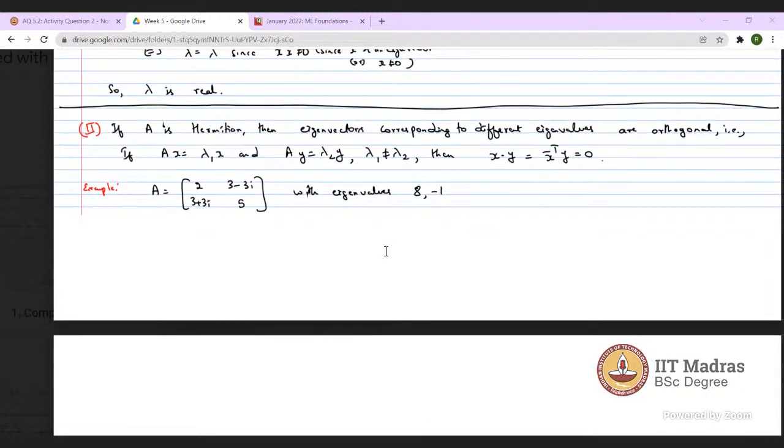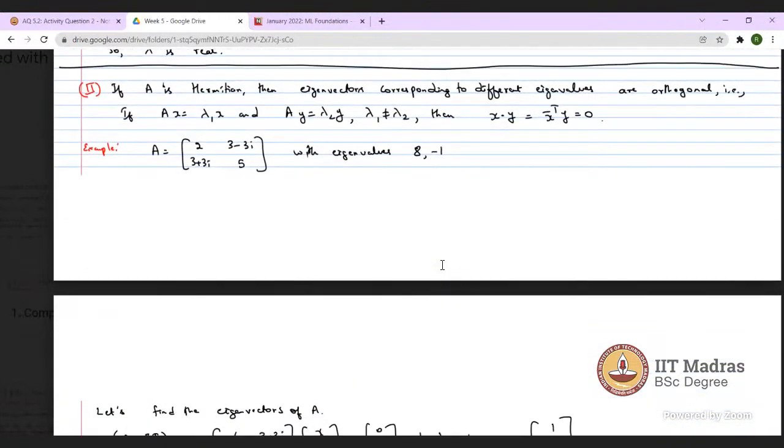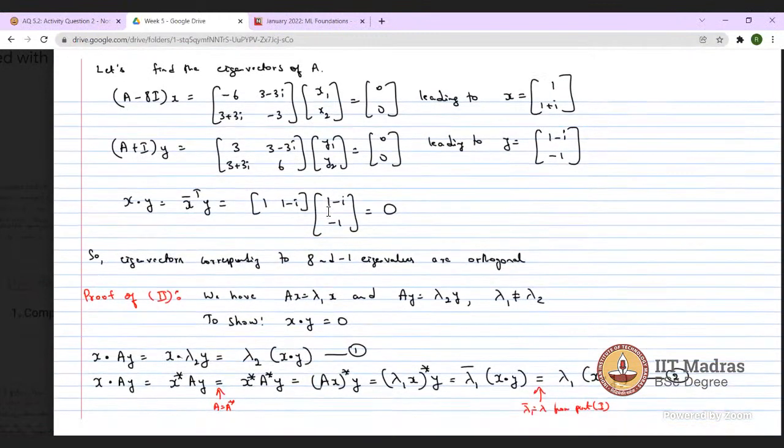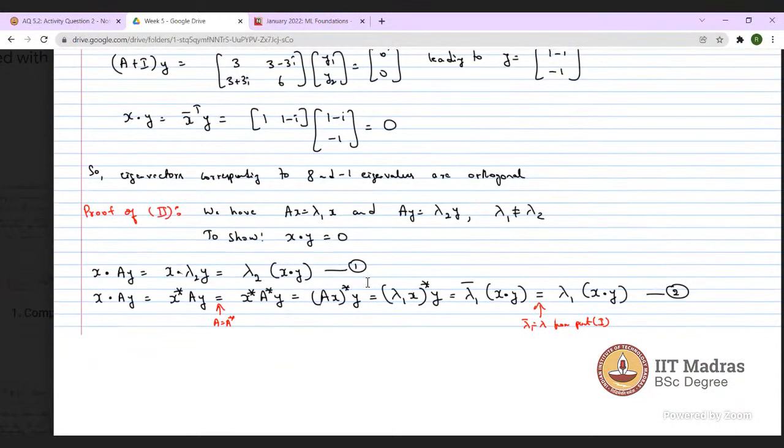Okay. So just again reiterating, for the symmetric matrix, the eigenvectors will be orthogonal for two different eigenvalues. And here is an example illustrating the same. Later we have the proof for this.